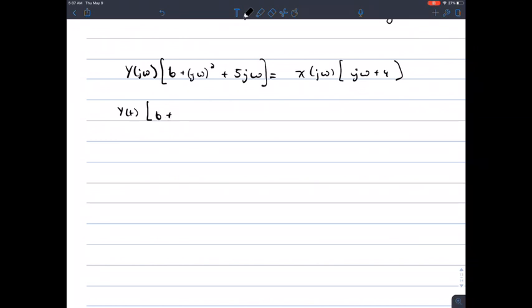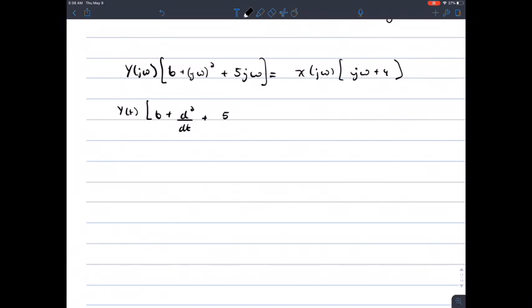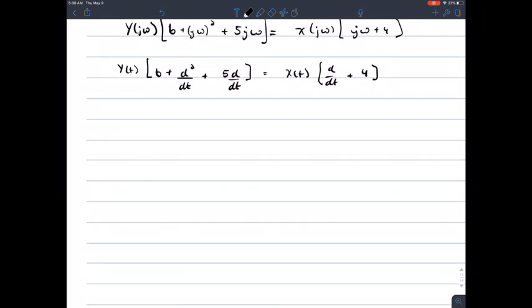6 plus d squared dt plus 5 d dt is going to be equal to x of t d dt plus 4. Okay, now let's distribute it all out.